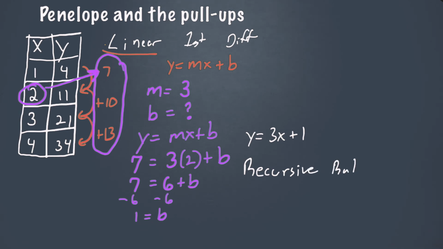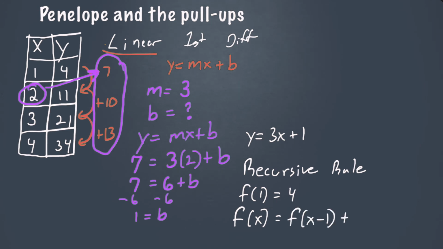So when I take that and put it into my recursive formula, f of 1 equals 4, f of x equals f of x minus 1 plus that linear first difference, 3x plus 1.